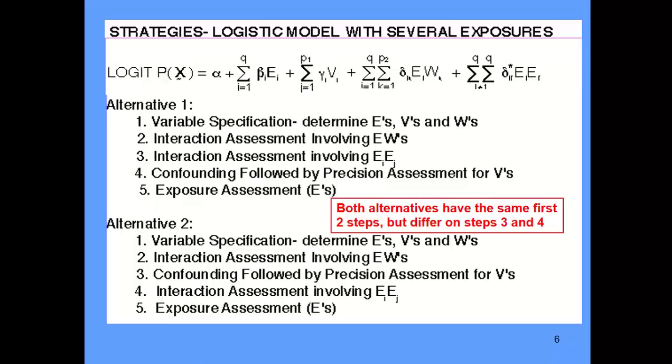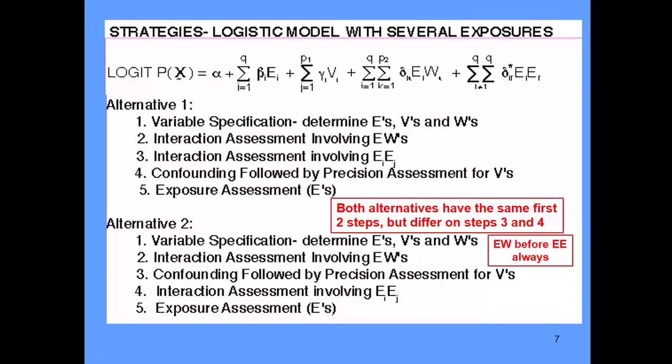Both assess EW's before EE's, but there is a difference. Can you see the difference? The first one assesses EE right after EW. The second one doesn't assess EE until you consider the V's. That's the difference between the two.